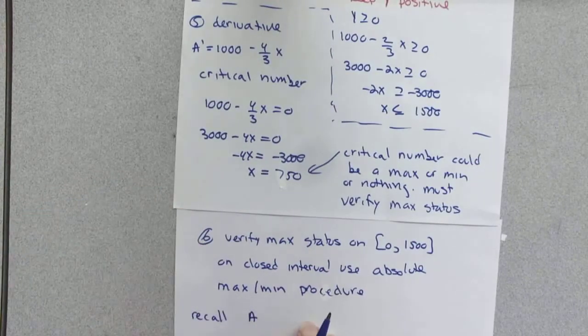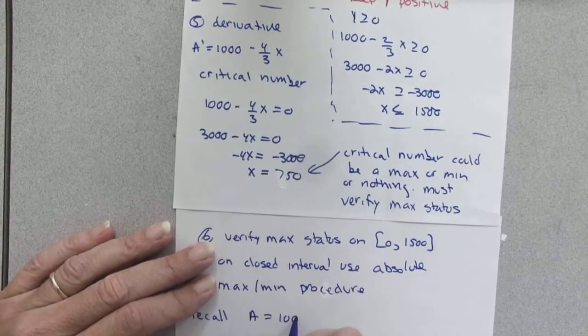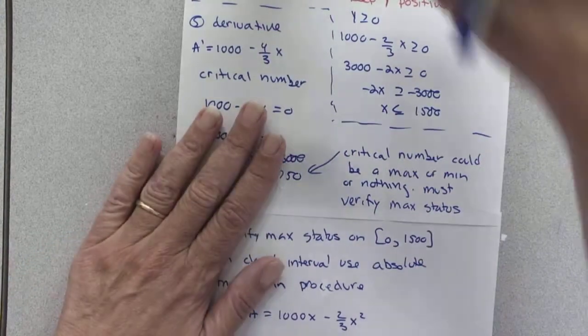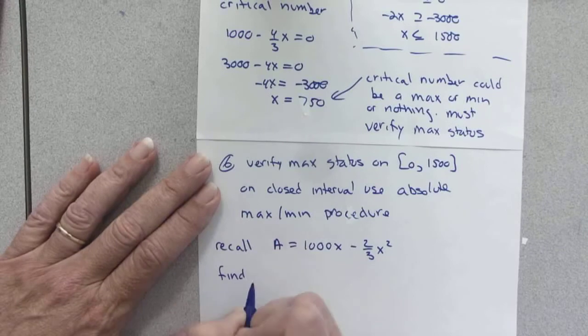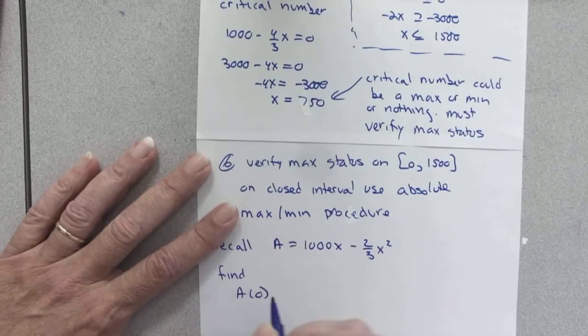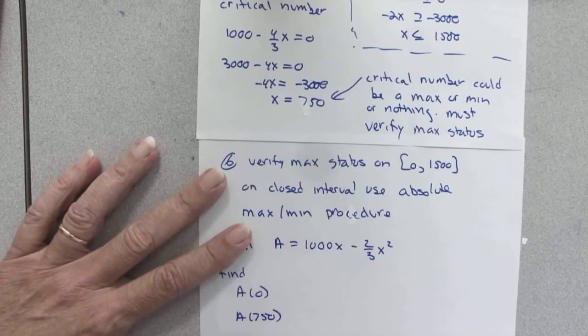Recall the original function was 1,000x minus 2/3 x squared. And so I want to find A of 0, A of 750, A of 1,500.